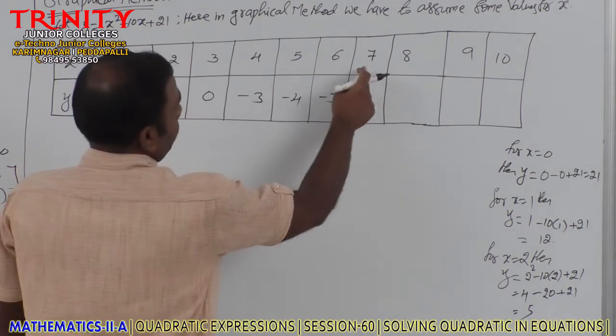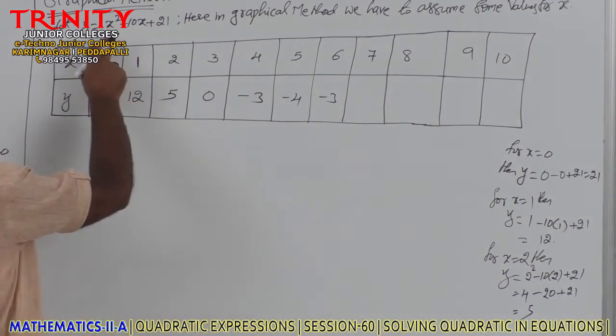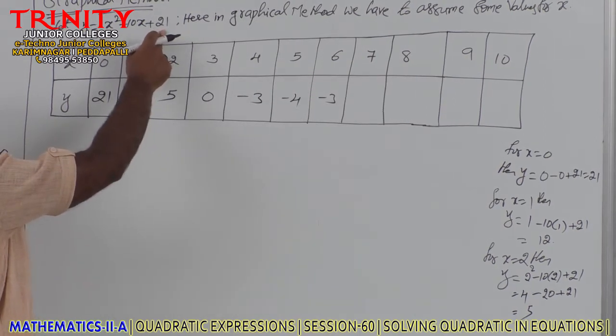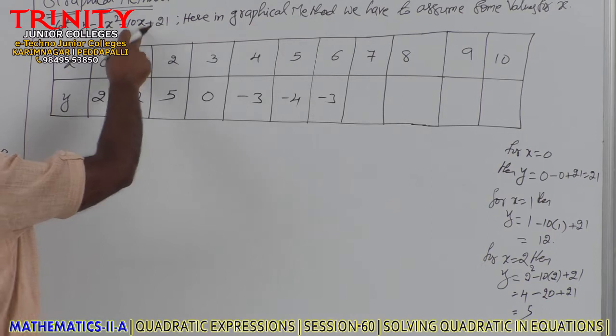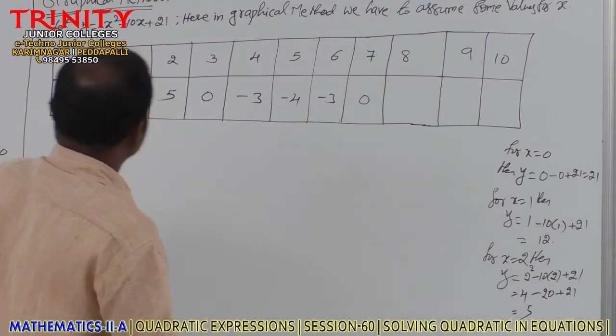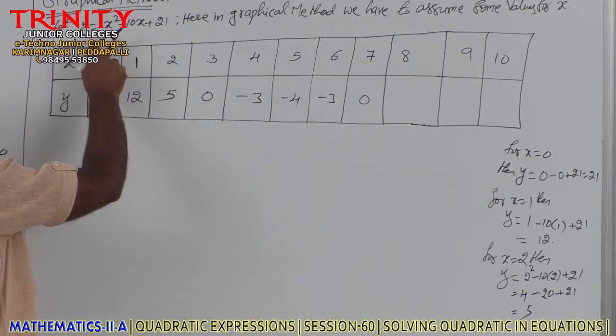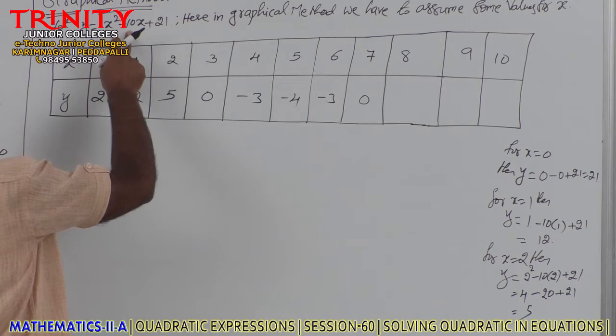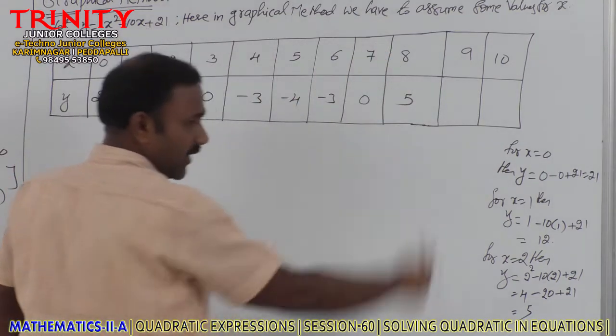Next, for x is equal to 7, 49 plus 21 is 70, minus 10 into 7, which is 70, its value is 0. Then for x is equal to 8, 8 squared is 64, 64 plus 21 is 85, 85 minus 80, the value is 5.